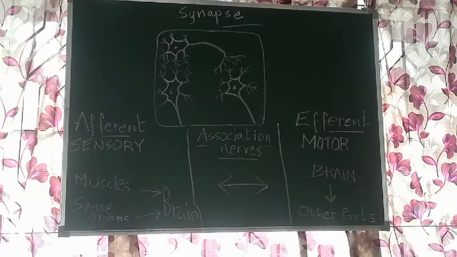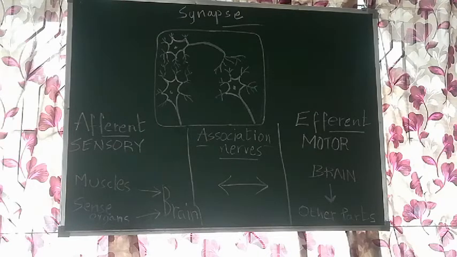What we see, hear, smell, and feel through our skin is taken to the brain. So these are called sensory nerves: afferent neurons or sensory neurons. Both are one and the same, as they carry sensory information to the main part of the coordinating system, the brain, the central nervous system.